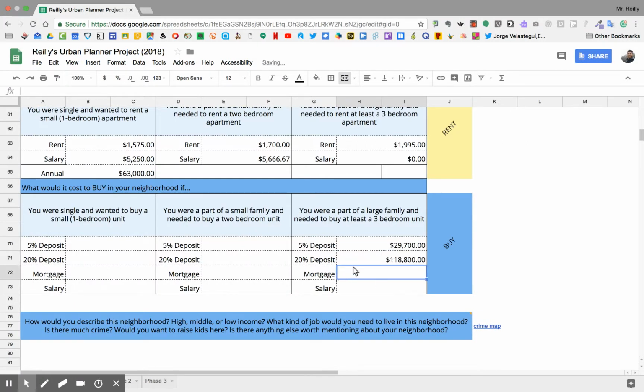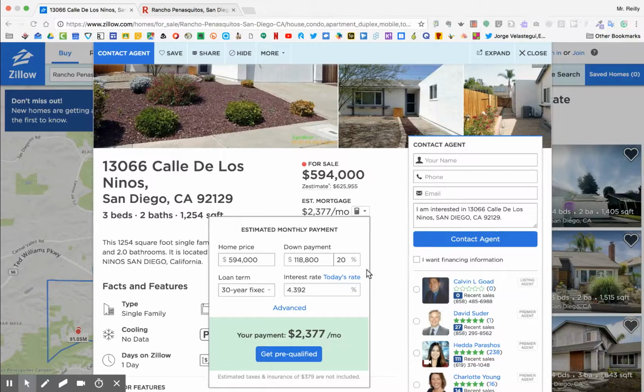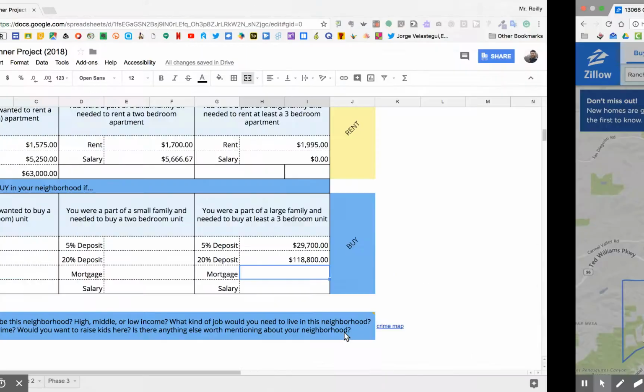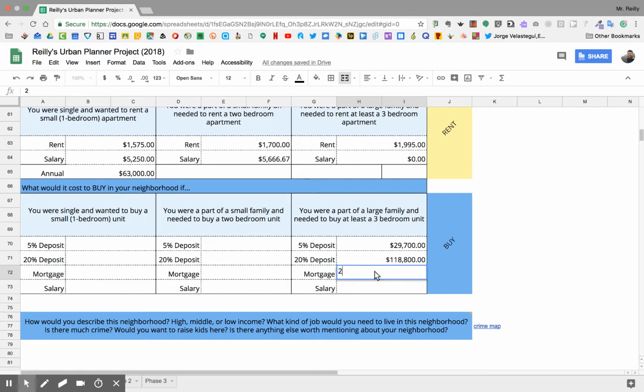There we go. And at that point, we can select the mortgage. Let's go somewhere in between. Let's say the average mortgage, we're going to be at about $2,700 a month.